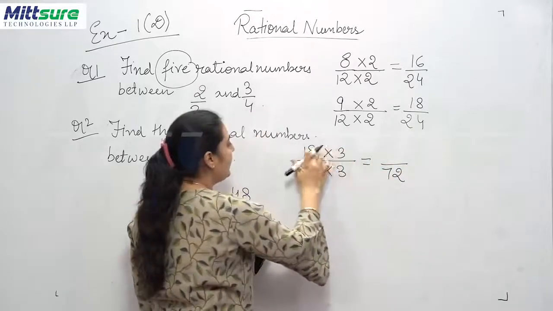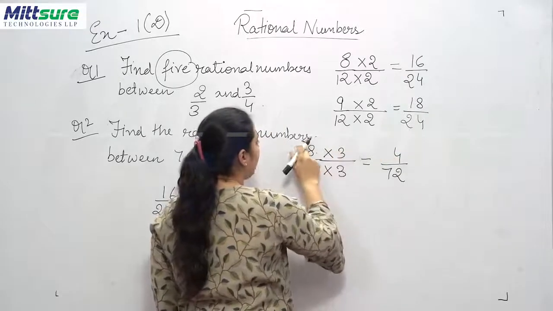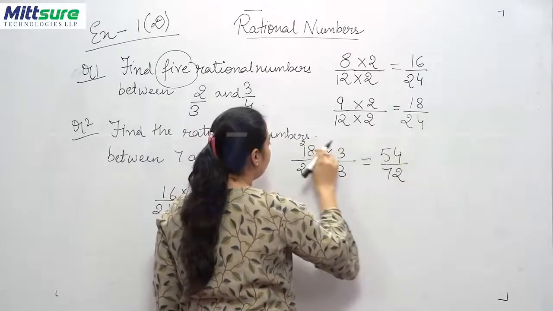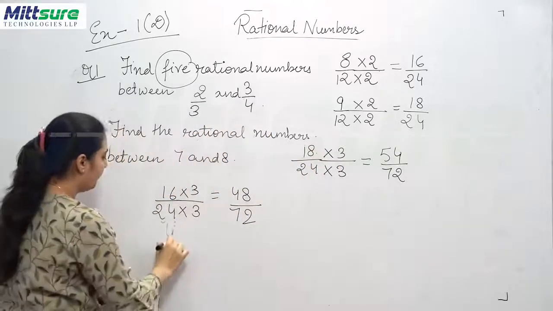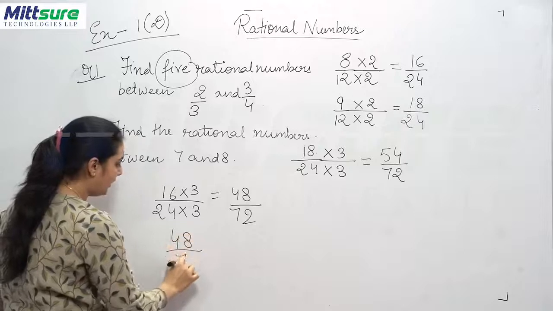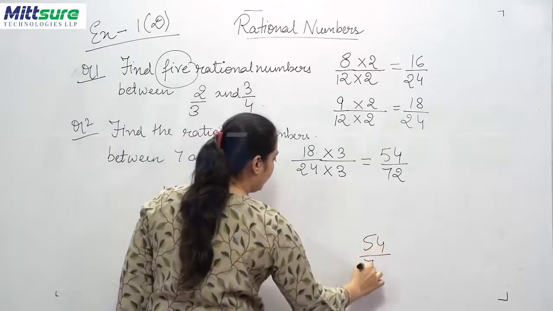Here 3 eights are 24, 2 carry, 3 ones are 3 and 2 is 5. It is 54. Now certainly you have got 48 upon 72 and 54 upon 72.